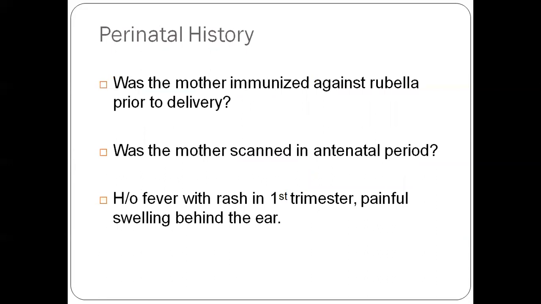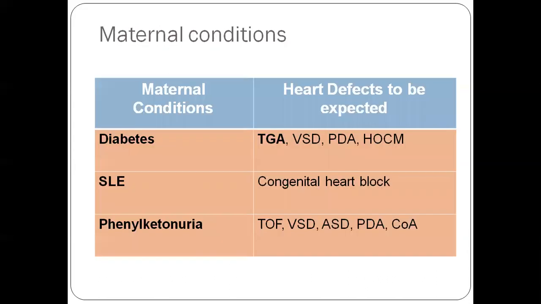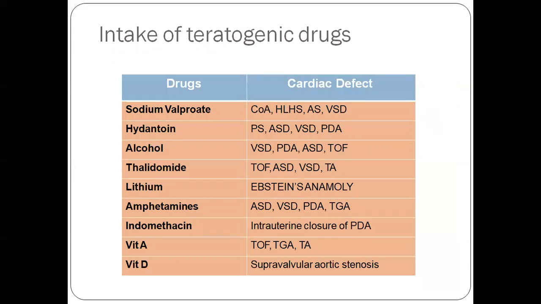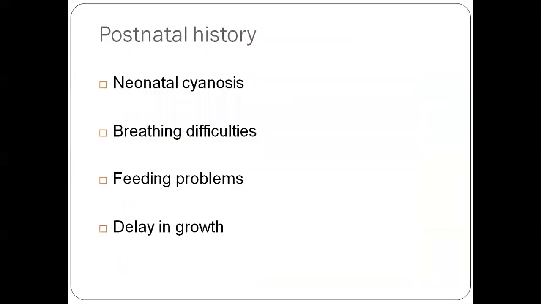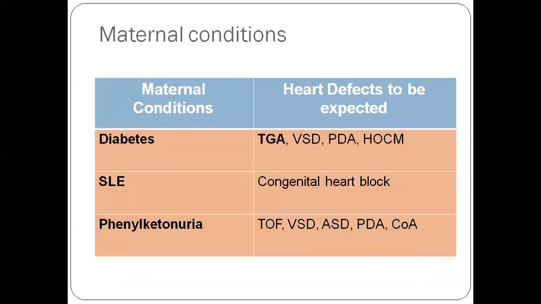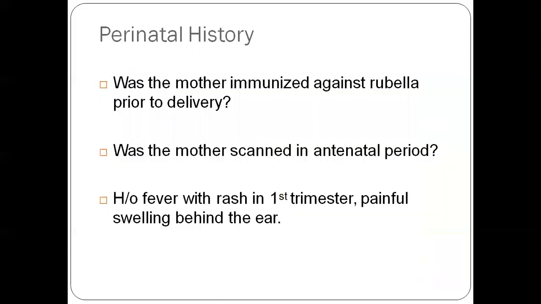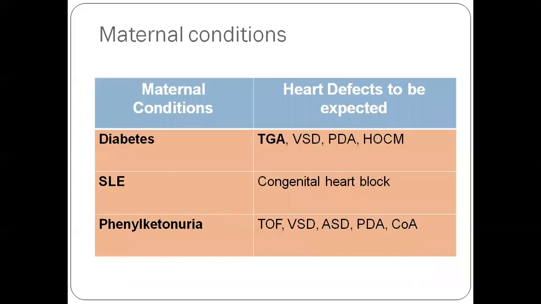Now we have to discuss the perinatal history of the infant, maternal condition, any teratogenic drugs taken by the mother, and postnatal history. First, perinatal history: was the mother immunized against rubella prior to delivery? Was the mother scanned in the antenatal period? Any history of fever with rashes in the first trimester, or painful swelling behind the ear?